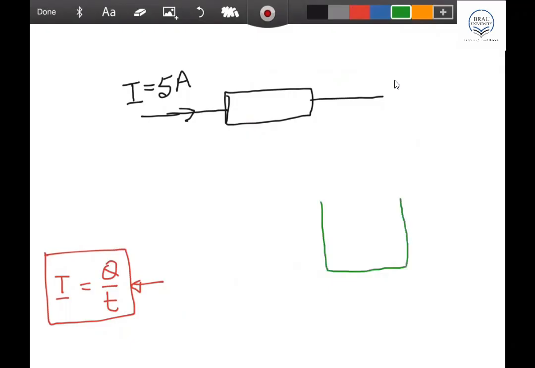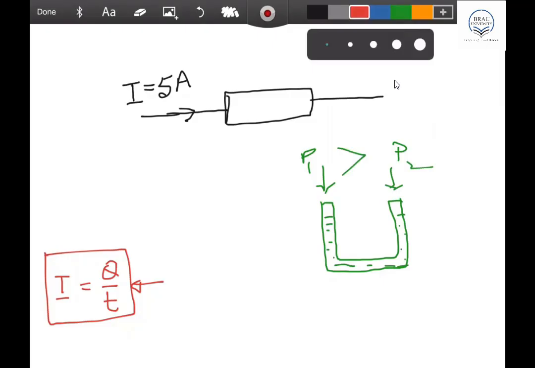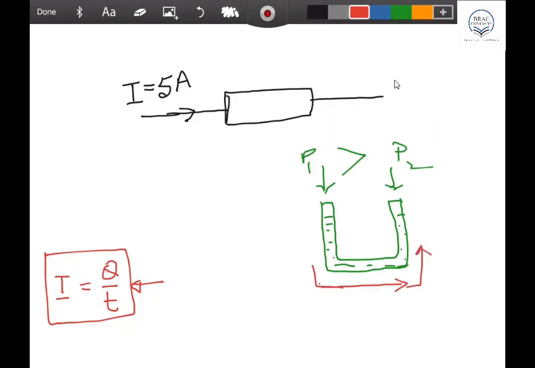Imagine a tube with some water in it. If you apply pressure here and here, P1 and P2, and there is a pressure difference between P1 and P2, then the water will flow from this end to that end.